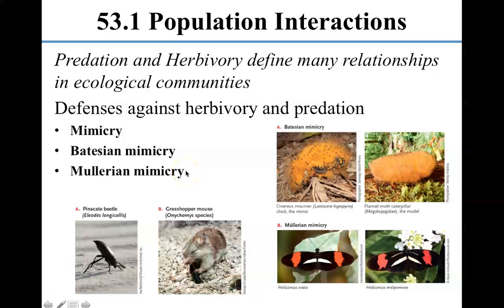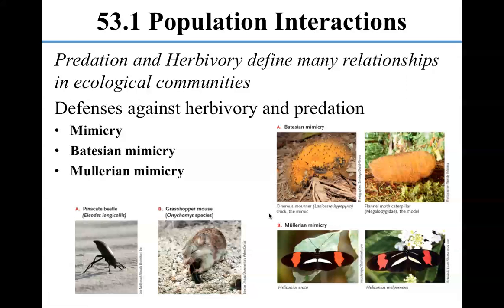In Mullerian mimicry, you get two or more unpalatable species that share a similar appearance. So this reinforces in the predators that particular shape or color pattern is bad. And the book uses these butterflies, but it's not a great example.